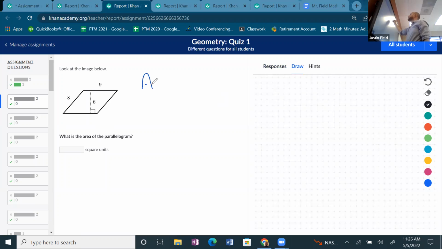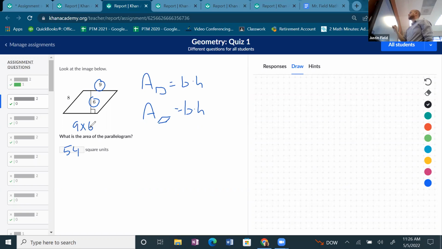Area of a rectangle is base times height. But guess what? Area of a parallelogram is also base times height. Just make sure you use the correct base and height. So we got 9 and 6, and we're going to multiply, and that would be 54. The base is 9, the height is 6.